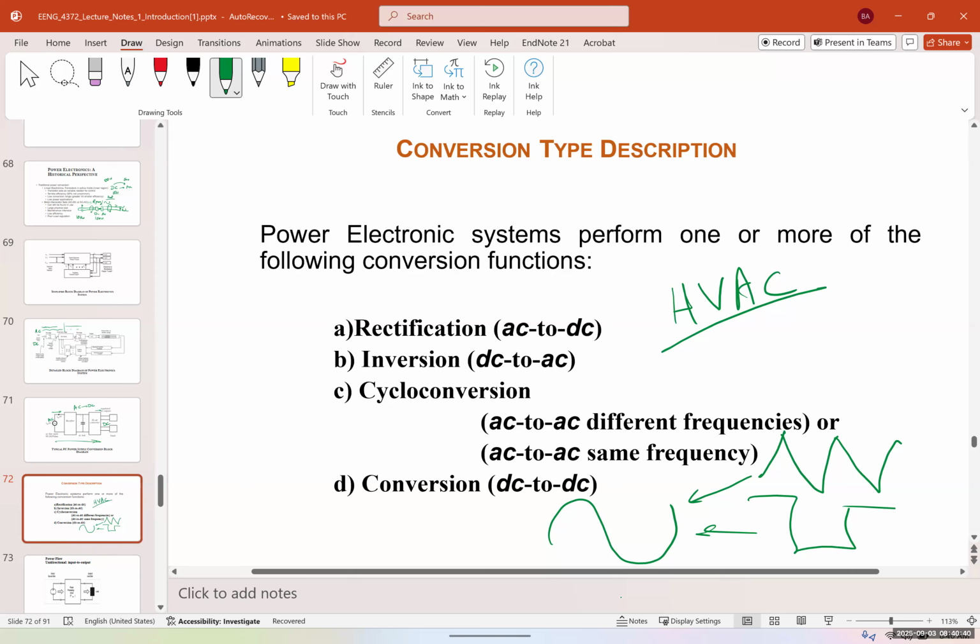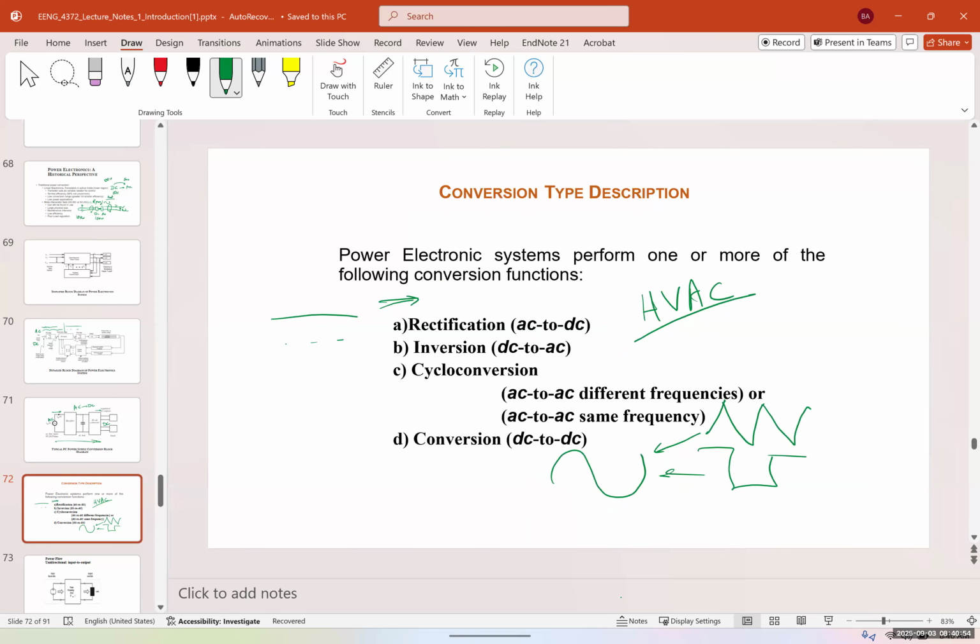This is used a lot, especially in what we call pure sine wave HVAC systems or inverters. You have a DC, and it's very easy to use an inverter to convert DC to AC. The only thing we need to convert a DC to a simple AC is a switch.